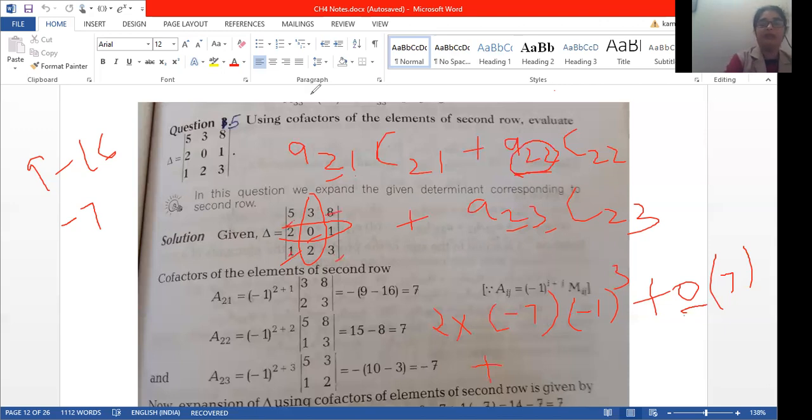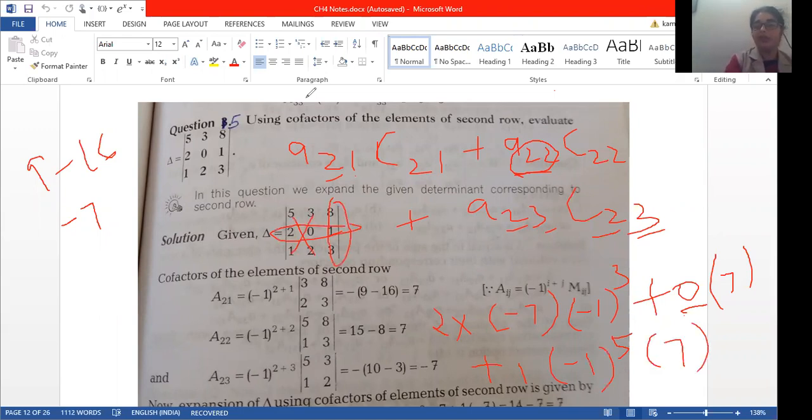Then next, plus. Just see, next is what? Your A23 is the element 1. So 1 multiplied by minus 1 to the power of, C23 will be 2 plus 3, 5, multiplied by M23. Leaving this column and this row, we are left with 5 2s are 10, 10 minus 3, that is equal to 7.